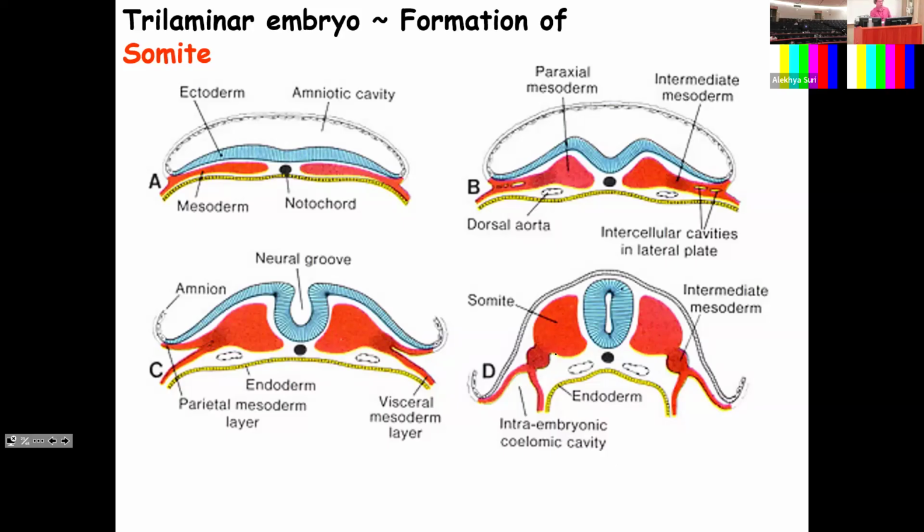For example, it is responsible for determining that these cells that are next to the notochord will become motor neurons as opposed to the rest of the neurons. Okay? So it is very, very important. And when it does its job, it disappears. It regresses.